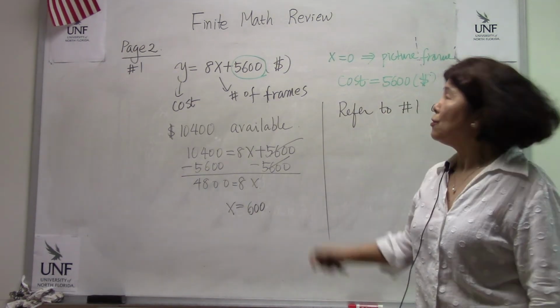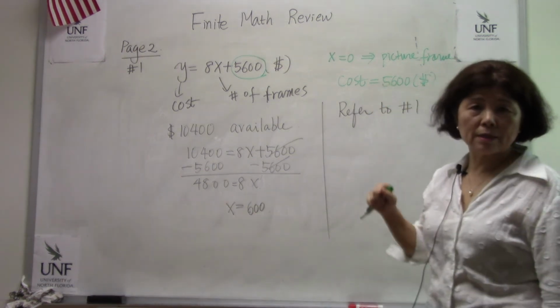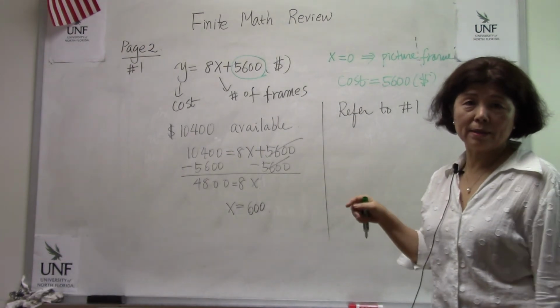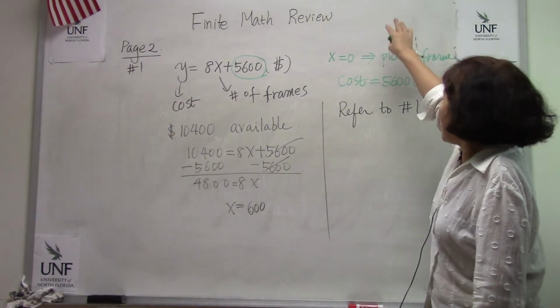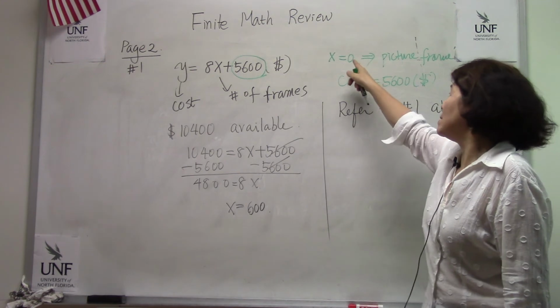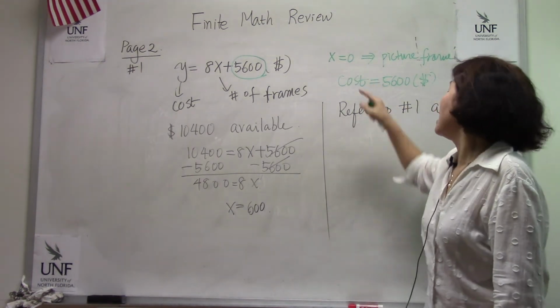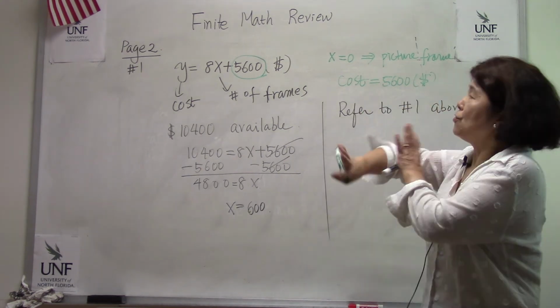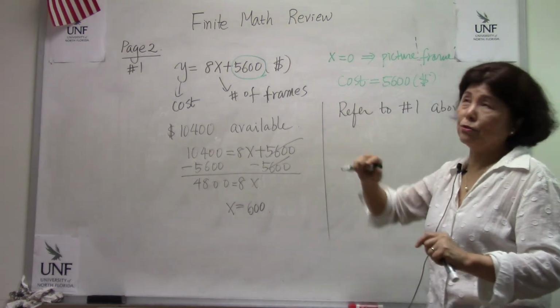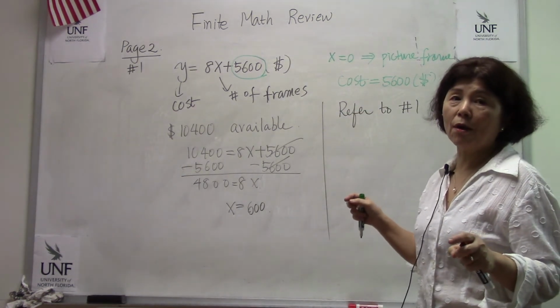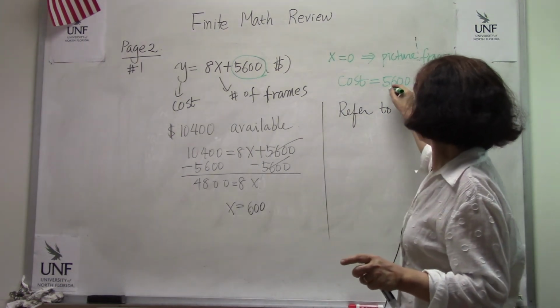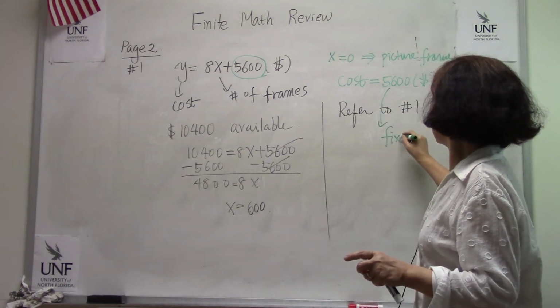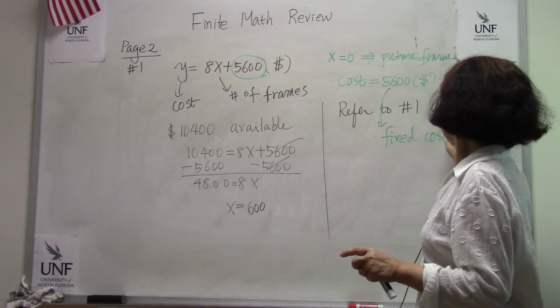That means you cannot get rid of cost, no matter what. Whether you make 10,000 picture frames or 0 picture frames, the cost of $5,600, you cannot remove it. So what do you call? Fixed cost. So we call this fixed cost.